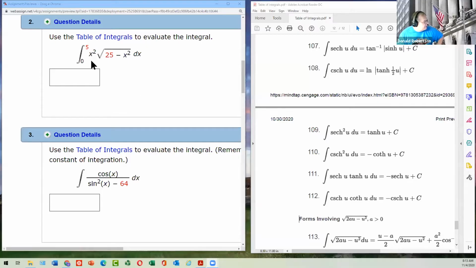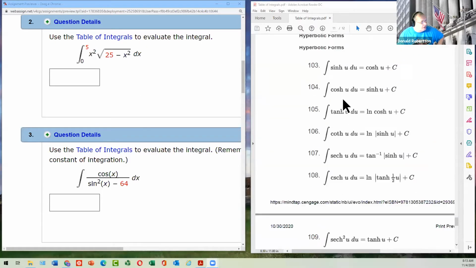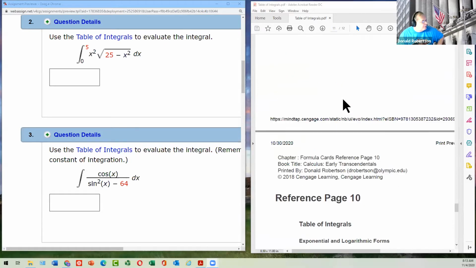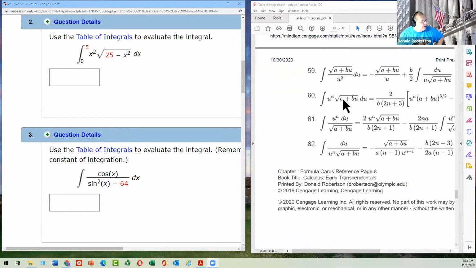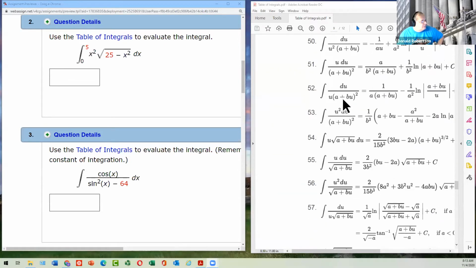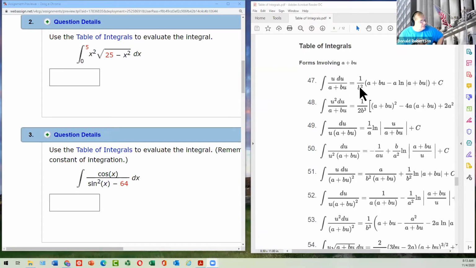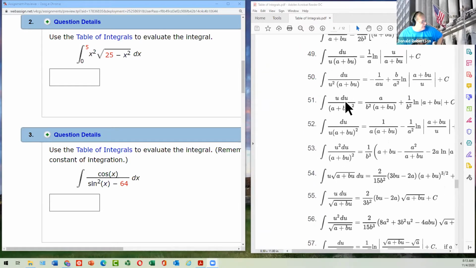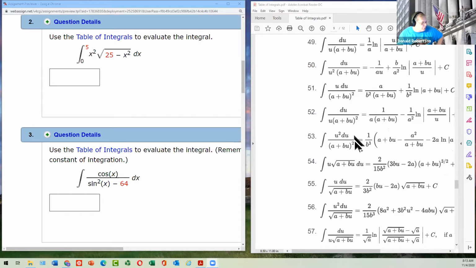Right, suppose I was trying to do question 2, then I have to go hunting. I hope I put the whole thing in. It looks like I may have missed one. Okay, here we go. So I'm looking for a x squared square root. Right, now that guy looks very close, right? You see the only difference is it has a u.